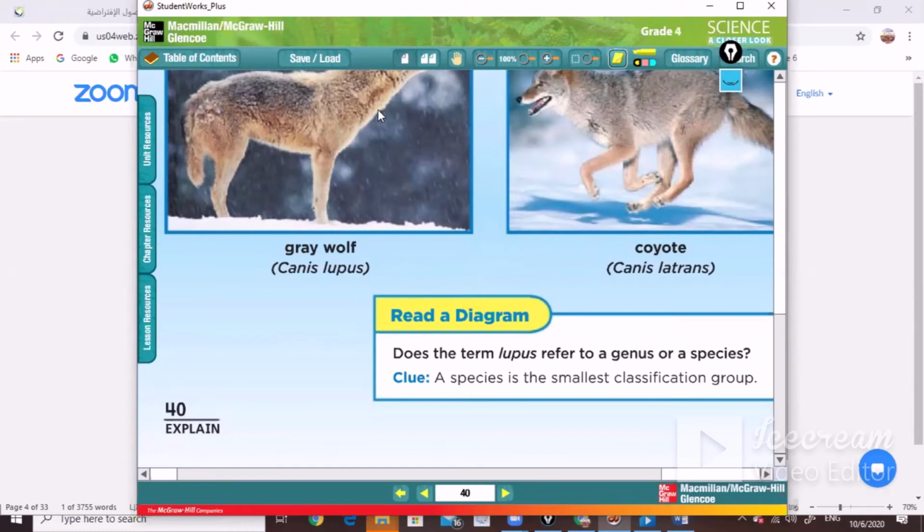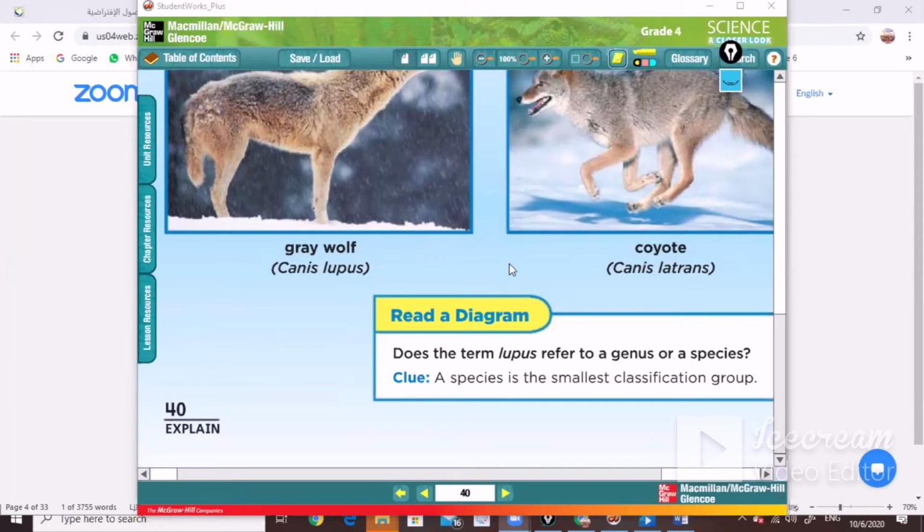Who knows, guys? Yes, Jude. My question is, we have two names here, Canis lupus, Canis latrans. What is the same? What is different? The name. Different in what? No, I don't ask about what they do.